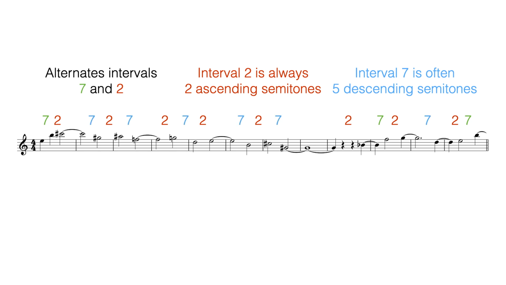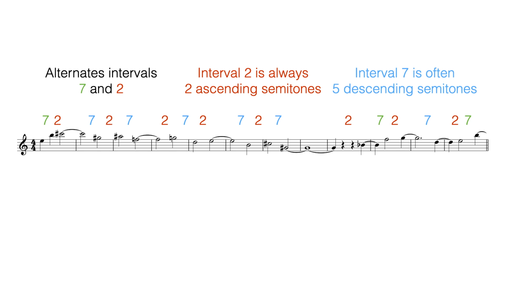Starting on E, go up 7 to B, then up 2 to C sharp, then up 7 to G sharp. Well, actually it's down 5, but that's more or less the same thing.